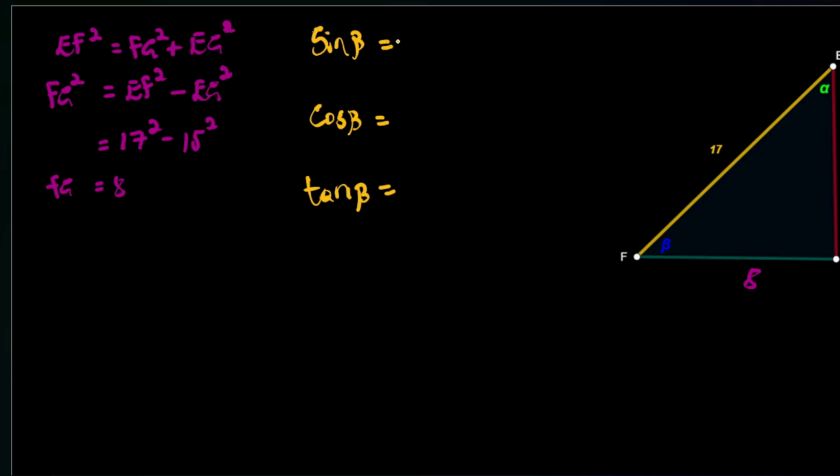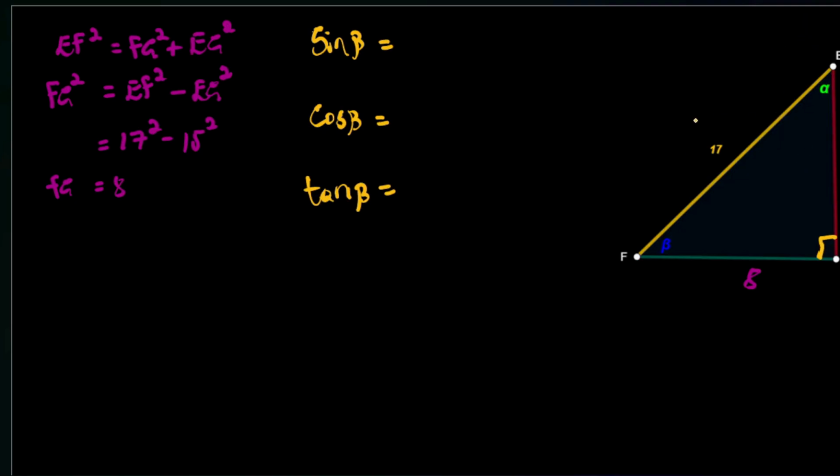Now, according to beta, the opposite side is 15 and the adjacent side is 17. I hope you get the gist of this. Beta is opposite 15, and you know that your G here is the 90-degree angle. So the side that is opposite the 90 degree angle is going to be your hypotenuse.